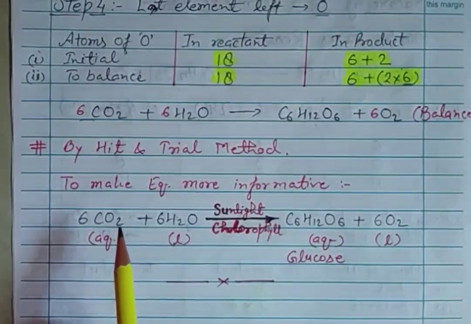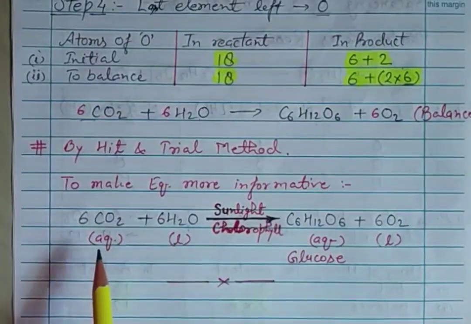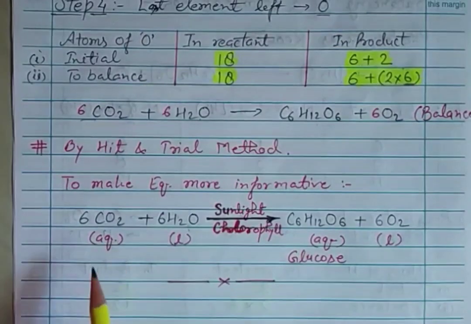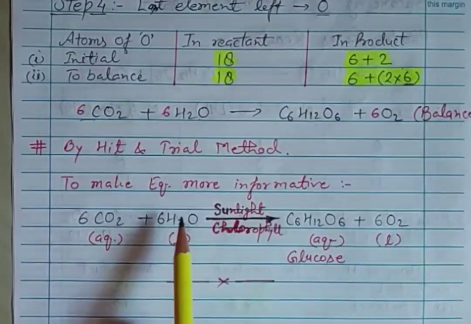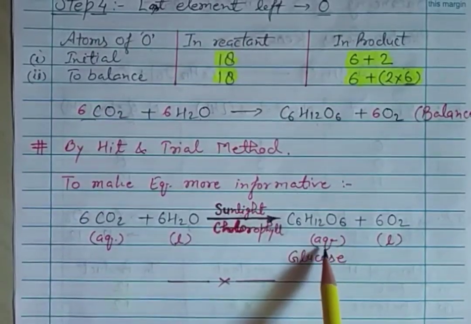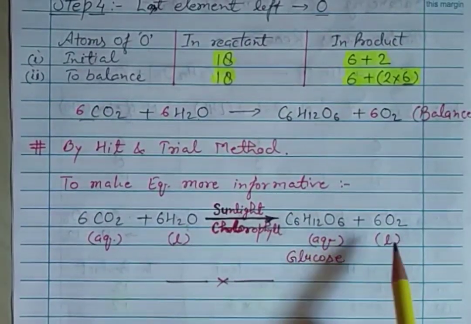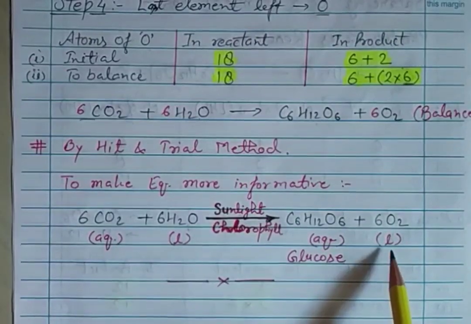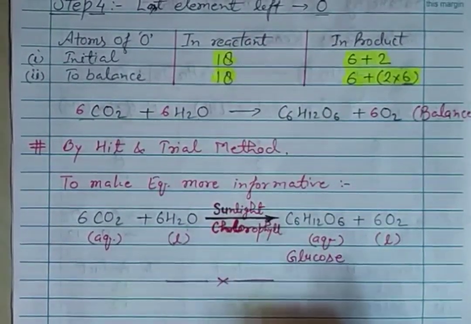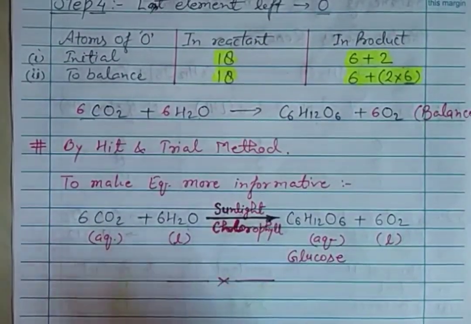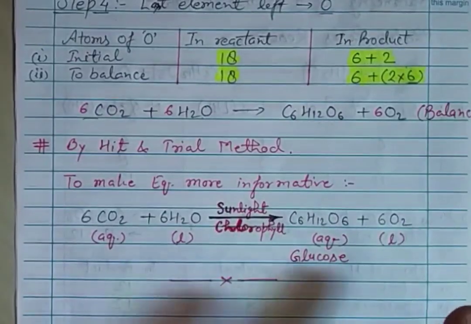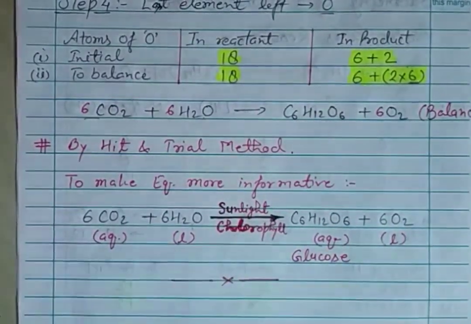The states are used here: carbon dioxide is used in aqueous state, absorbed by the plants and dissolved in water, and water is absorbed by their roots. Aqueous glucose is prepared inside the plant cells, and oxygen is released in gaseous form into the atmosphere. So this is the full information-giving chemical equation.